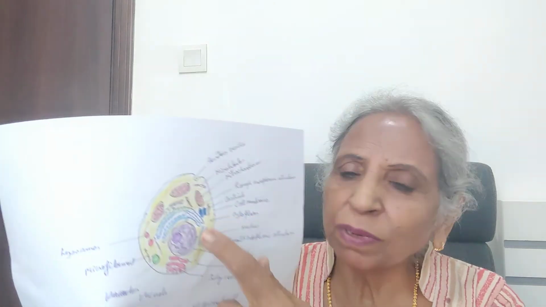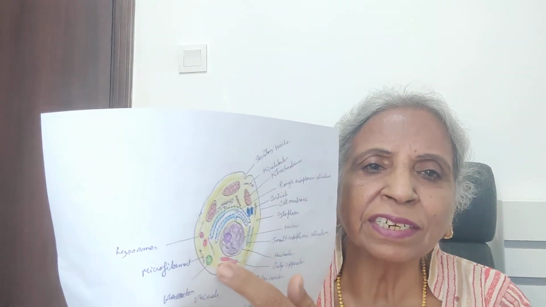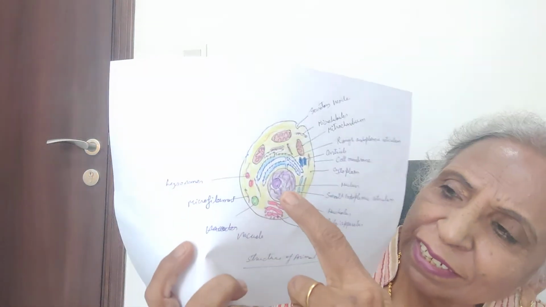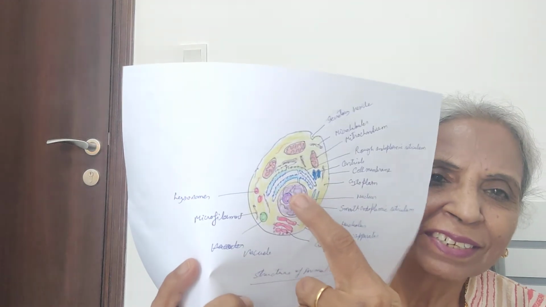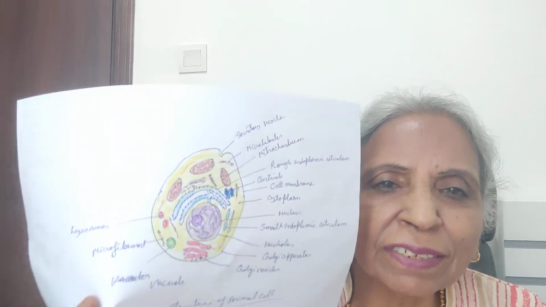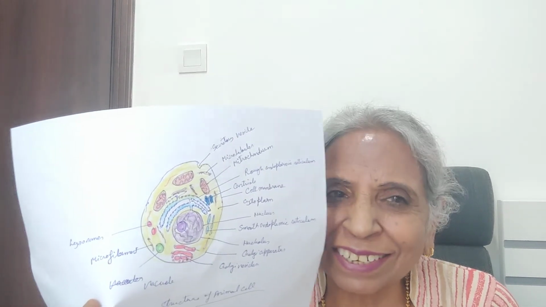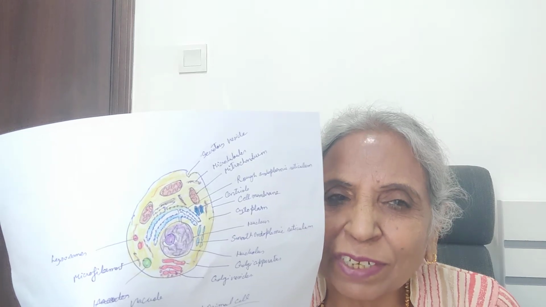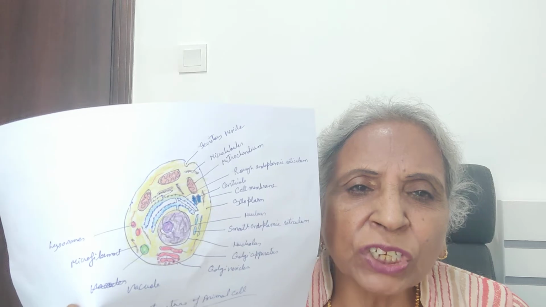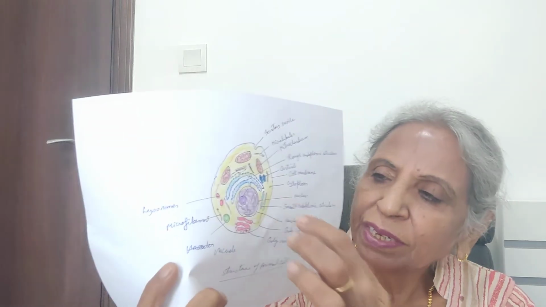Then the major part, near the center, is a round structure bounded by a membrane which is called the nucleus. This is the nucleus. The nucleus, which I have drawn in purple color, is actually not colored inside the cell. For the sake of convenience, I have given them colors. This nucleus has three parts.